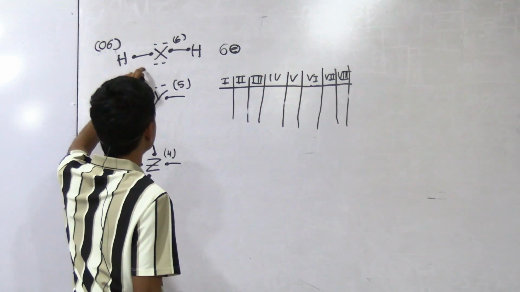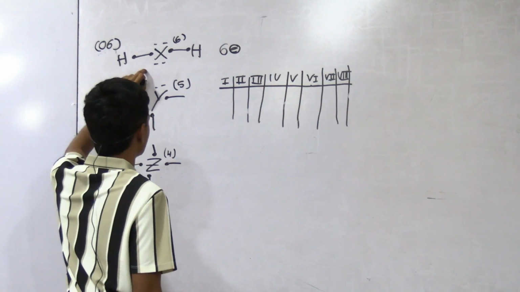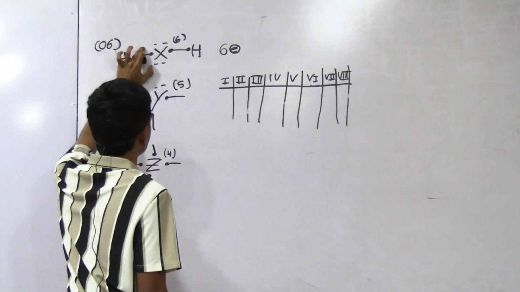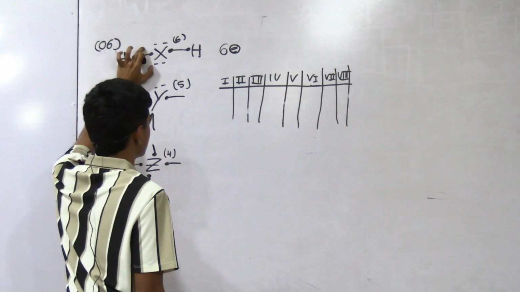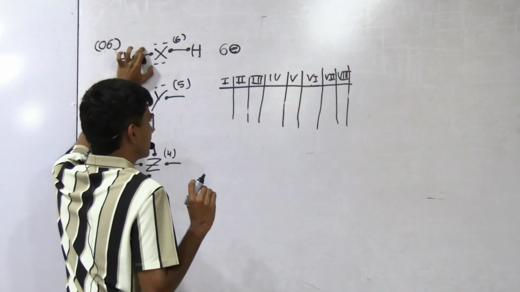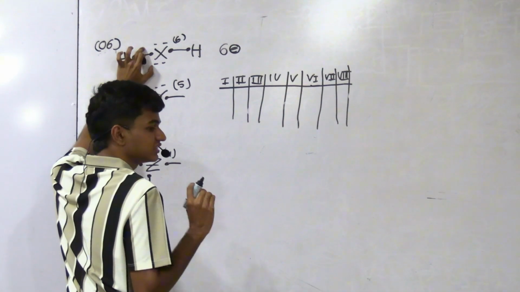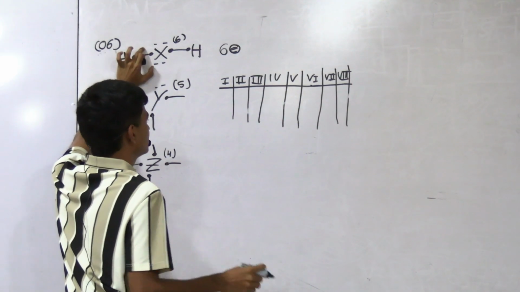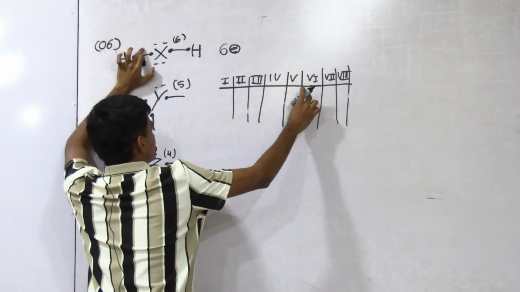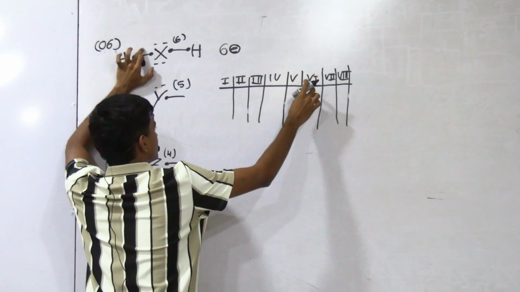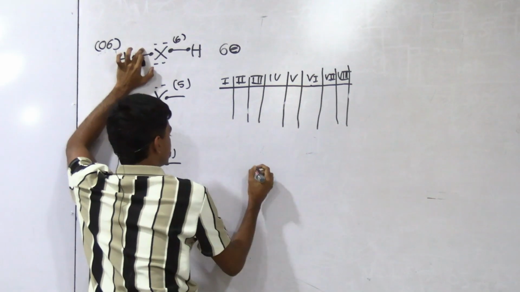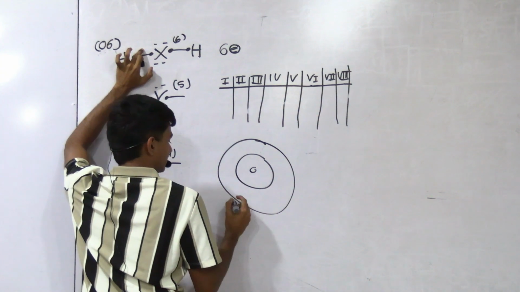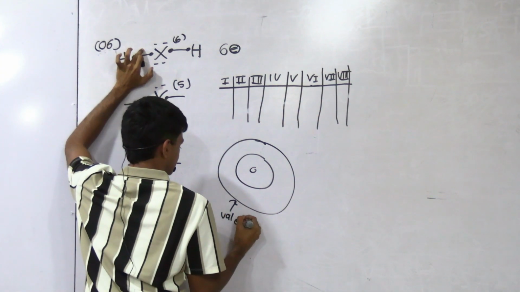So here we have valence number, meaning this X atom should be able to hold 6 electrons. So which group has elements that can hold 6 electrons in their valence shell? Basically it's easy to remember, it's gonna be group 6. They have 6 electrons in their valence shell. Valence shell means the last shell. The last shell is called the valence shell.